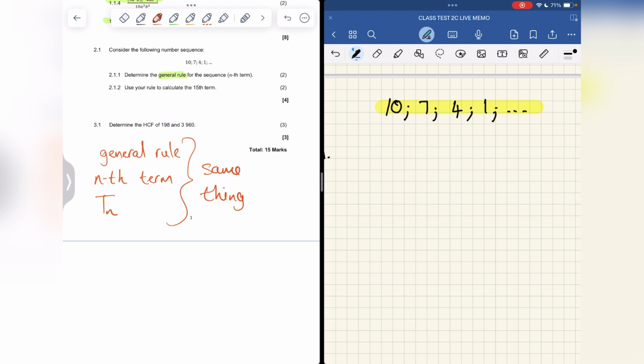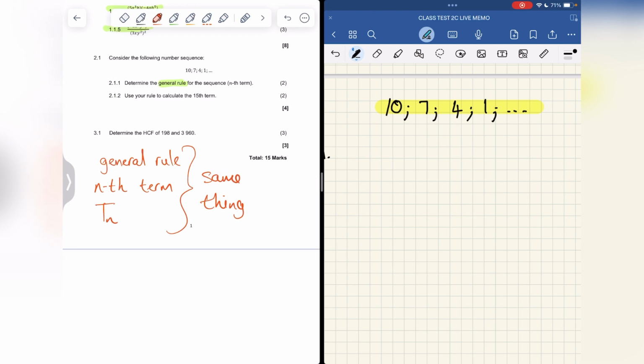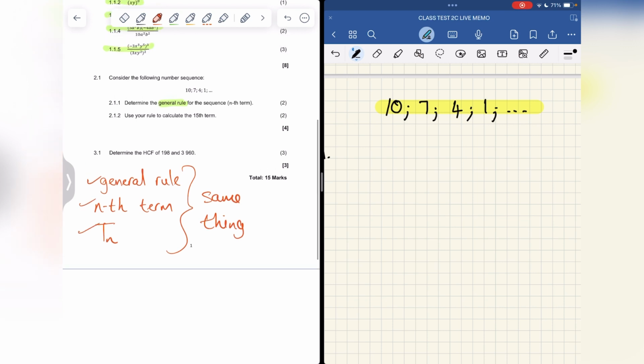When they are asking you one of these three things, they are not asking you to give them the rule in words. They're not asking you to say, start with 10, then add this, or then subtract that, and continue. They're asking you to calculate that formula, that thing that allows you to calculate any term in the sequence. So you need to do some calculations there and find that general rule, the Tn, the nth term.